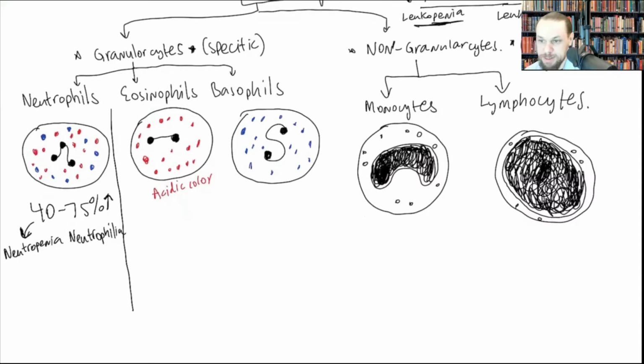Now, this white blood cell, the neutrophil, is multilobated, that's how we know it, with multiple nuclear lobes, and has two types of stains, eosinophilic stain and basophilic stain. This is the predominant white blood cell when you have any type of acute infection, especially any infection that's pus producing.